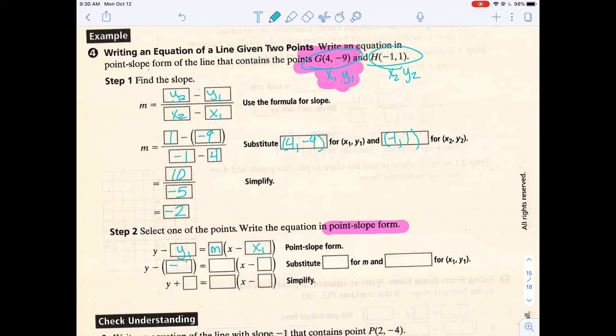We know the slope is negative 2 from right here. And x1 is positive 4. So then I just substituted in negative 2 for m, which was the slope, and we used the point 4, negative 9 for x1 and y1.